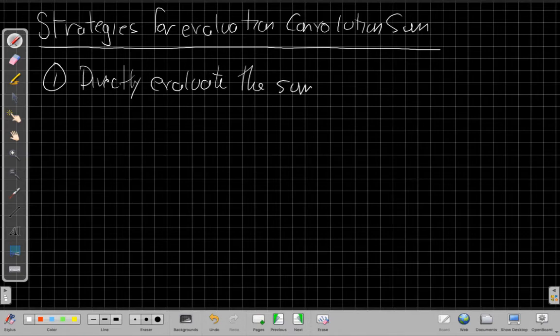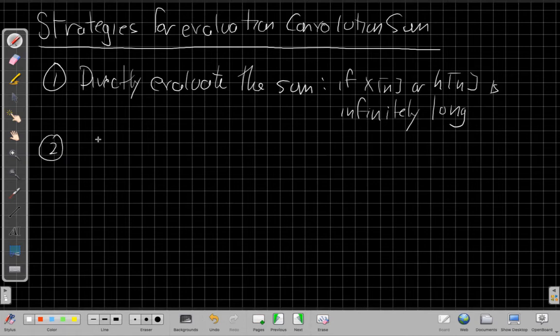For certain kinds of signals, it's easiest to plug in the definition of the signal and then use our expert knowledge of infinite series and finite series to get a closed form for the sum. This is often the case, and sometimes the only thing you can do, if x of n or h of n is infinitely long, something maybe like an exponential signal.